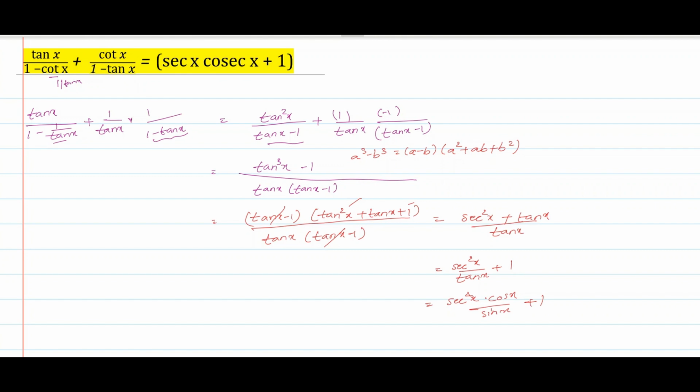So it is again secant x upon sin x plus 1, because here 1 secant x into cos x will become 1. So there will be only 1 secant x remaining. So 1 by sin x is nothing but cosecant x. So secant x into cosecant x plus 1. This is nothing but the RHS.